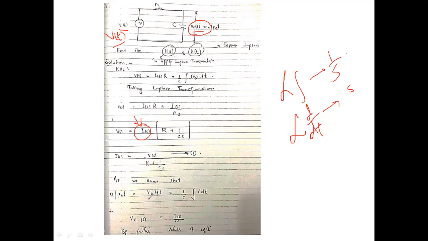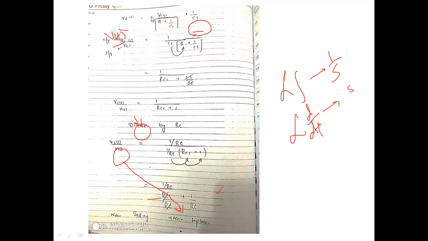As we know, the output VC of t is equal to 1 over C integration of I dt. So the Laplace of this VC of t equation is VC of S is equal to I of S over CS. Now putting the value of I from this equation over here, we will get VC of S is equal to V of S over R plus 1 over CS into 1 over CS.